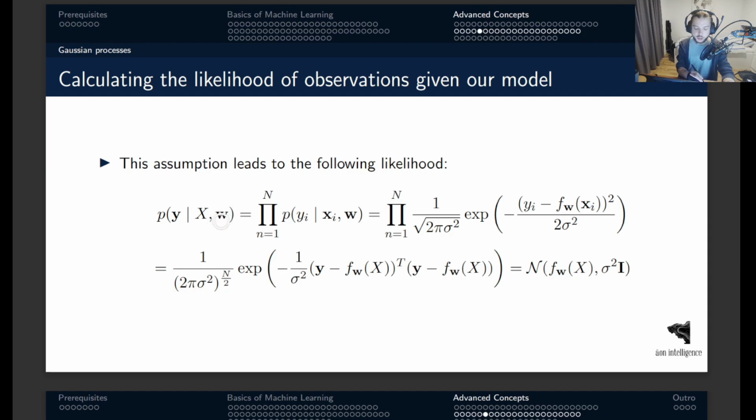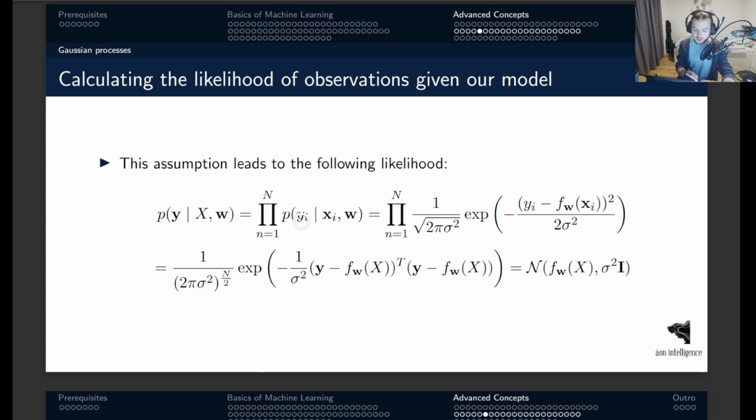And this is a random variable because it's a function of our observations. So we fix these two random variables and condition the random variable of the true label vector given these two realizations.